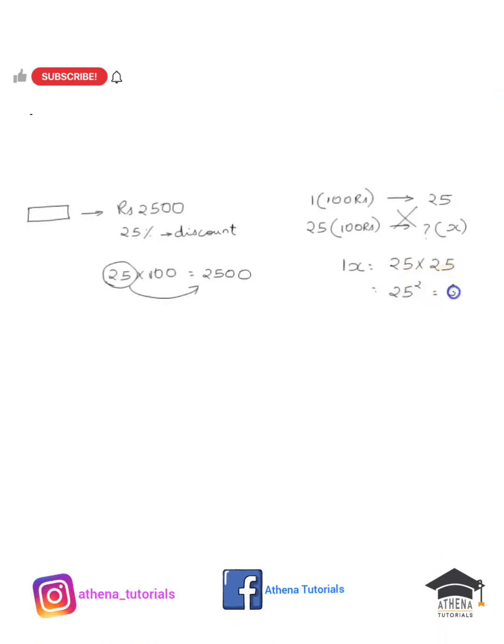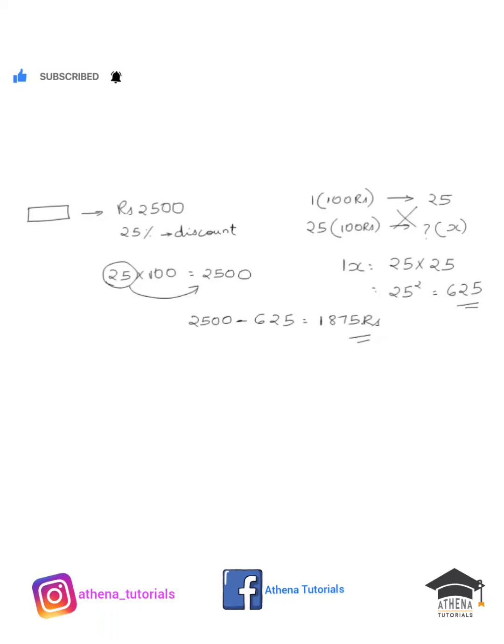It is 625. The amount which you will be paying is 2500 minus 625, the discounted value, which will be 1875 rupees.